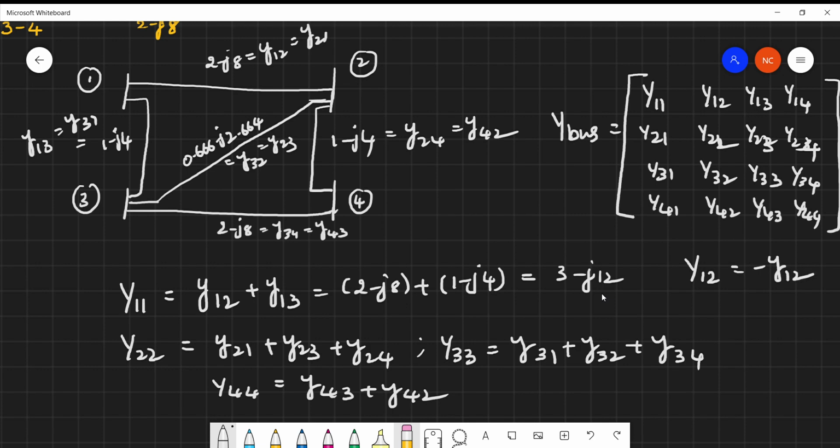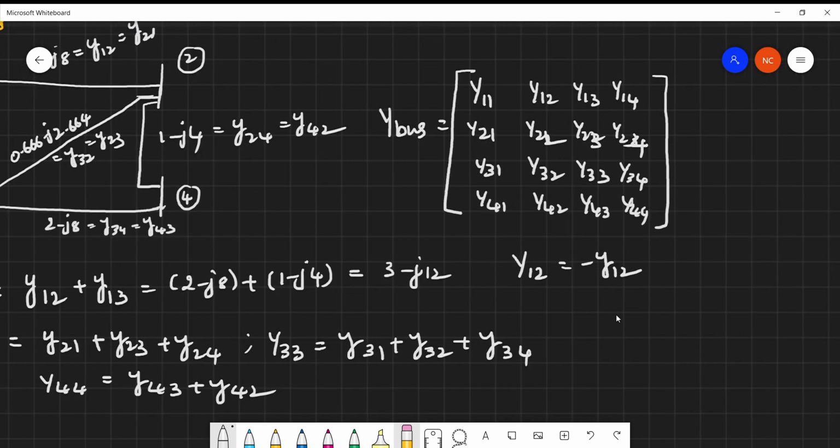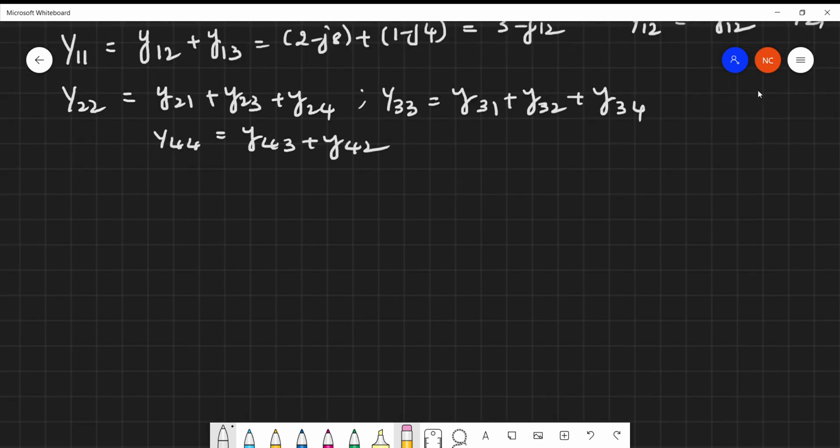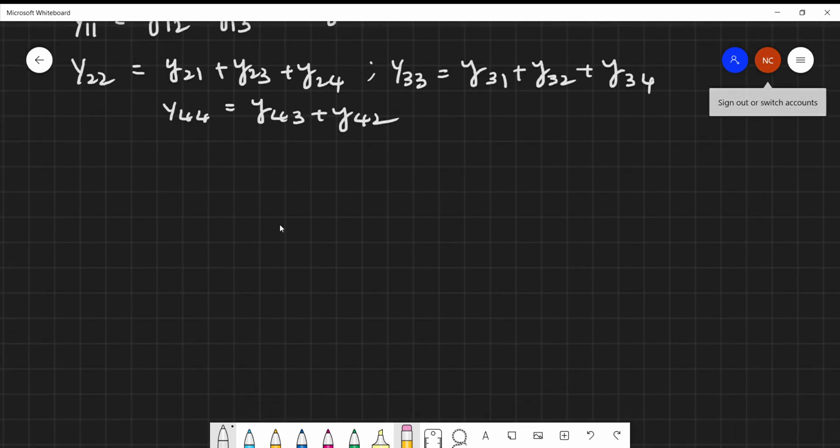Y12 will be minus y12, which can also be treated as Y21. In a similar way, you can calculate the rest of the off-diagonal elements of your Y bus. I have done the calculations already, and I will write the values.